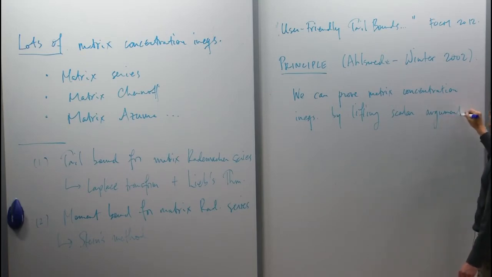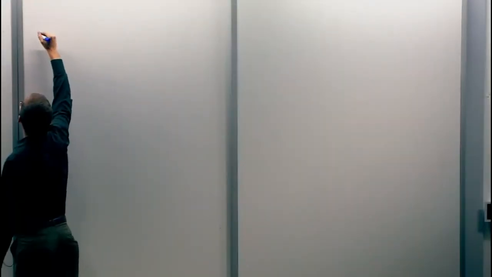And in fact, we can lift the arguments. And to make this work, you need a lot more machinery. You'll see part of the reason why this is true. But this has actually been a very successful principle. And both of the results I'm going to tell you about follow from the same template. And this is really an idea that I think we can attribute to these guys, because this is exactly what they did in their paper. Okay, so what is a Rademacher series?